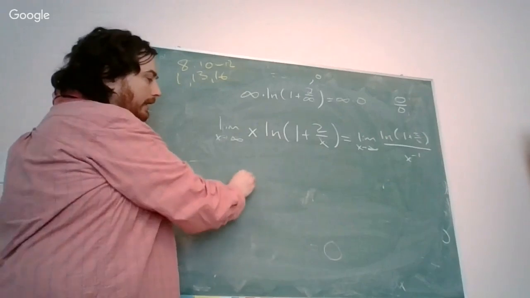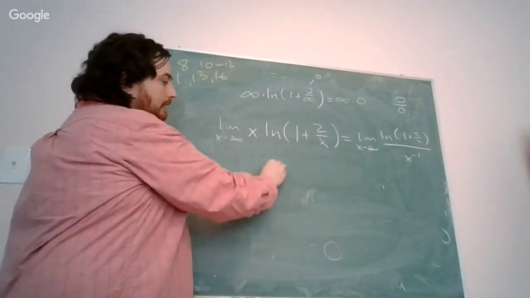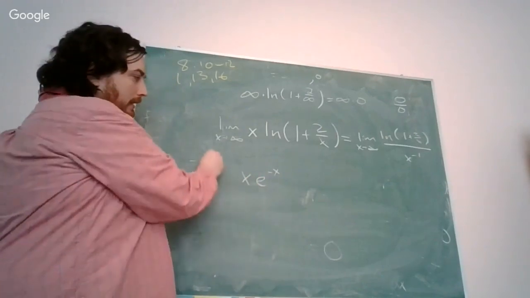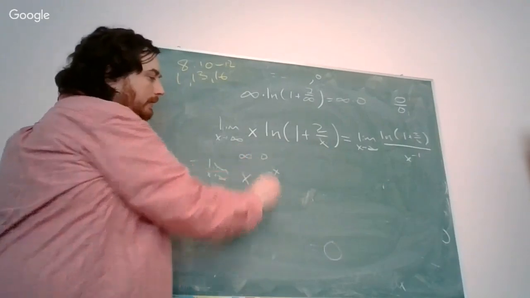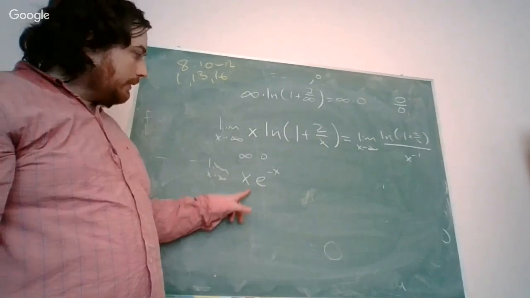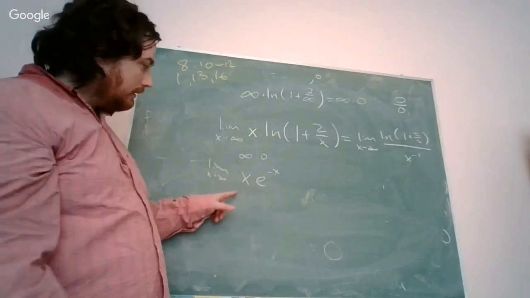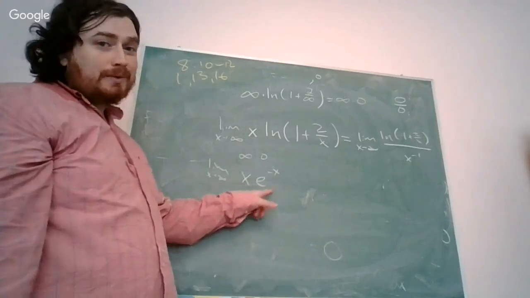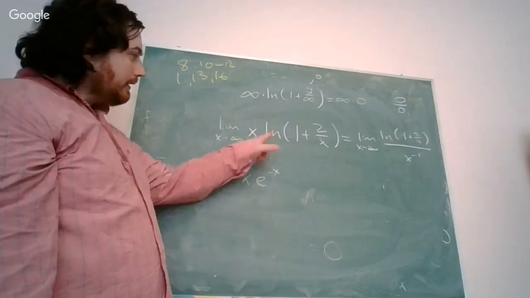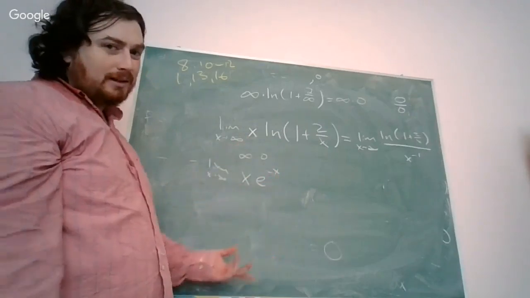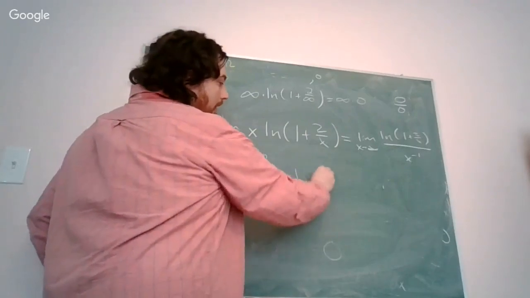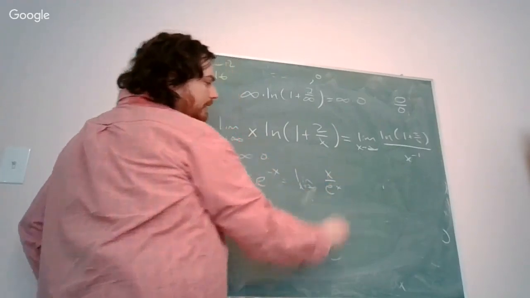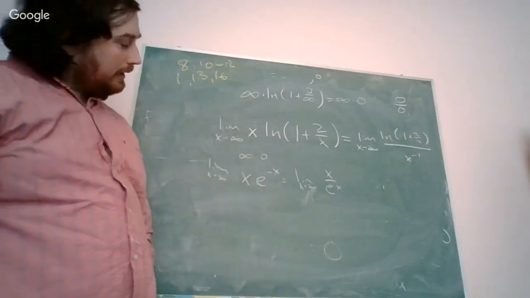What I was going to point out, though, is that it's not always going to be x log of x. What if I had x times e to the negative x, limit as x goes towards infinity? I get infinity times 0 again here. So now which one do I want to put on the bottom? In this case, I actually want to move the e to the x to the bottom. Here I'm moving the x to the bottom, but here I'm going to move the e to the x to the bottom, and I'm going to rewrite this as x over e to the x, since 1 over e to the negative x is e to the x.